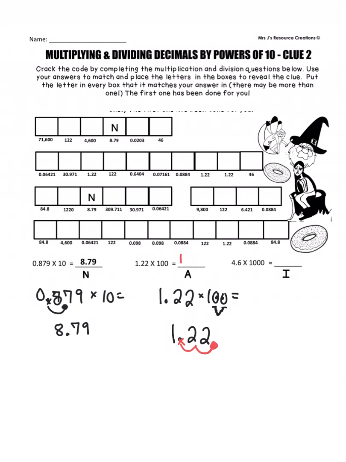So that gets me 122. Now I need to look at my grid, and anywhere where I see 122, I'm going to add the letter A. And of course, there are several A's because that's such a common vowel.